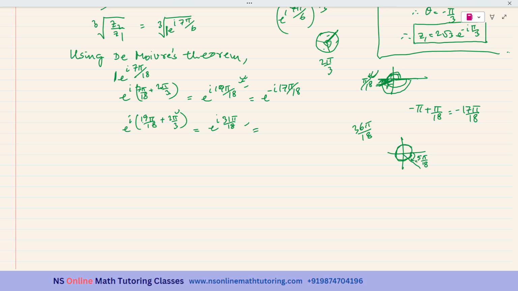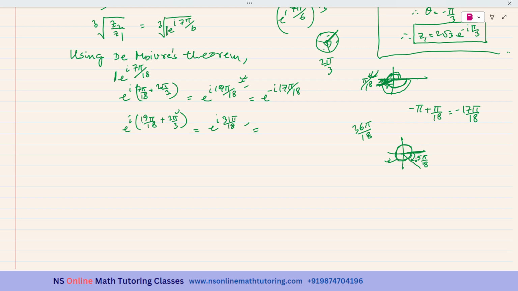So what is the corresponding negative angle? Now we are seeing that this is the starting point of the revolving ray. For the third quadrant, I had to go in the negative direction through an angle of pi and then come back through an angle of pi over 18.